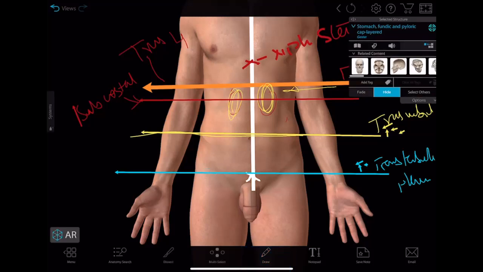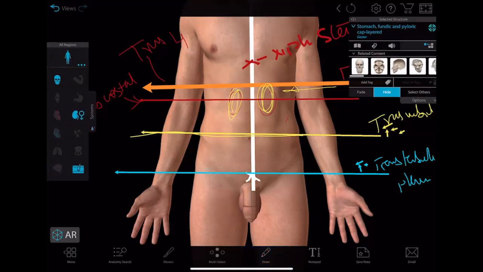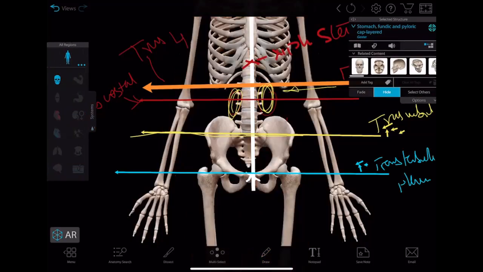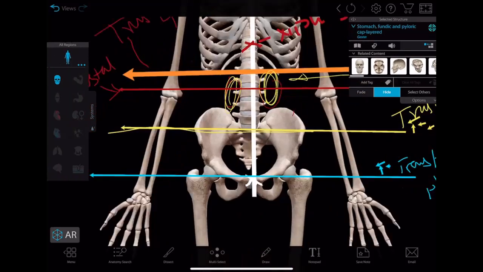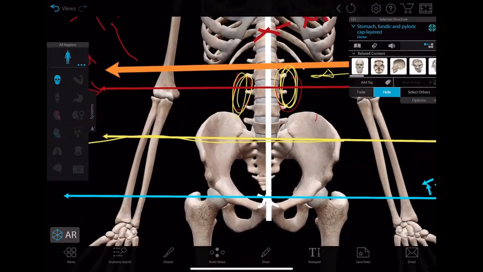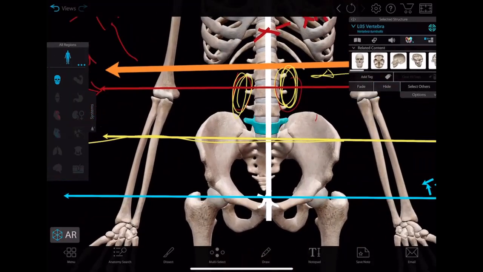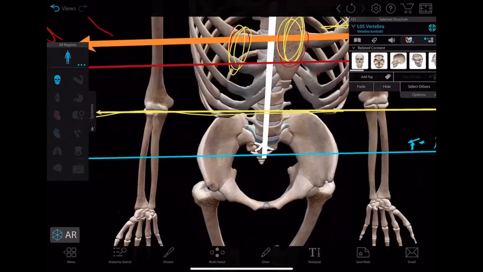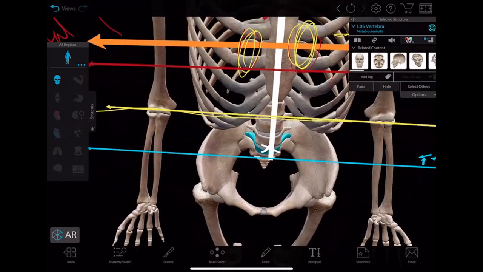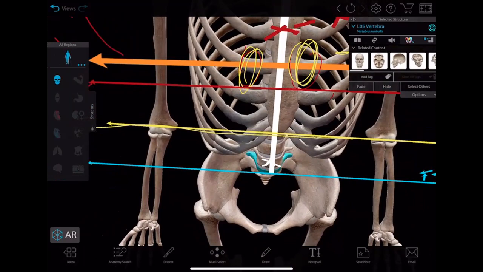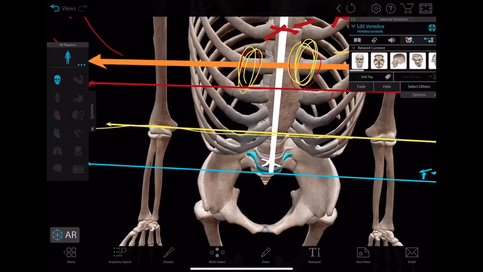So let us see whether they are lying at that area. Okay, this is L5. Okay, so it should be like this.